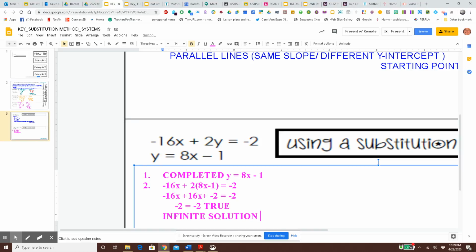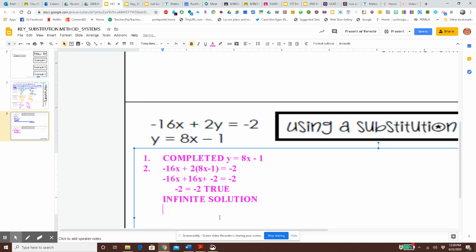And that means if I was graphing this, we only see one line because they are exactly on top of each other.